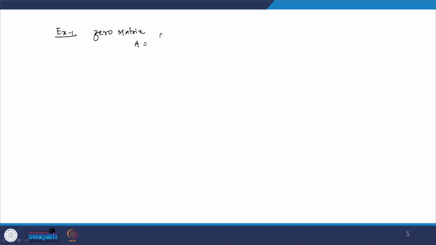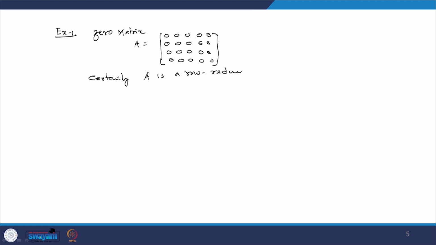That is, if A equal to 0 0 0 0, suppose you consider this one, then certainly A is a row reduced matrix, that is, the first criterion is satisfied, and also all the other criteria here are satisfied.